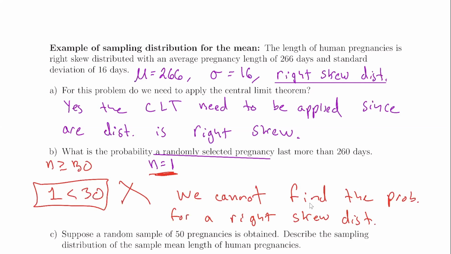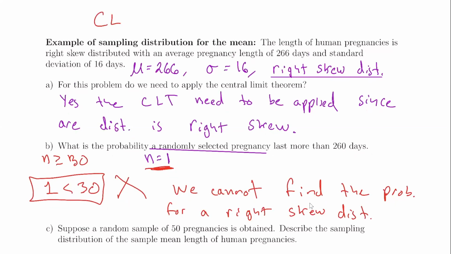Sorry, where did 30 come from? 30 came from the lecture that we went over on Wednesday. For the central limit theorem, the CLT, it said that if our sample size is big enough, we could say that the new distribution we're getting should be approximately normal.